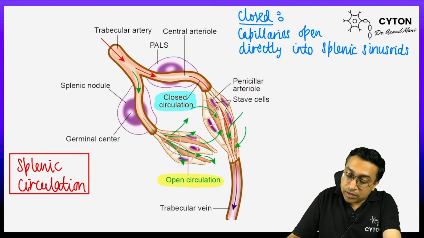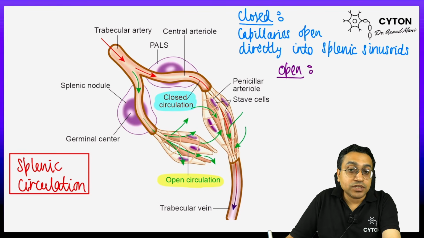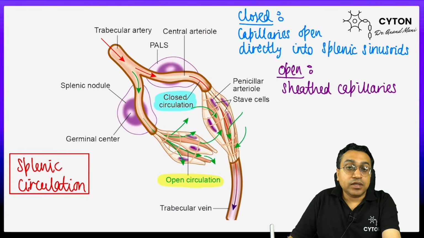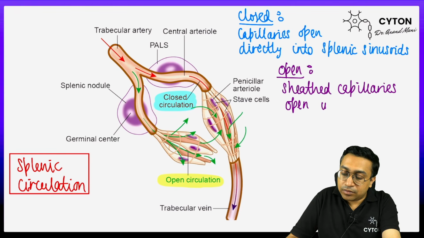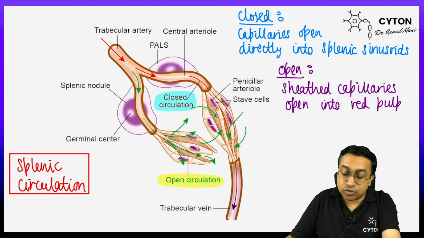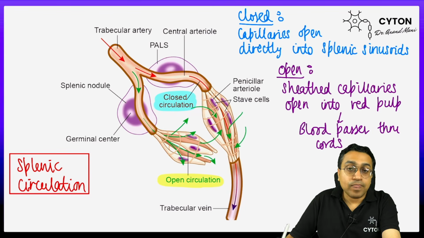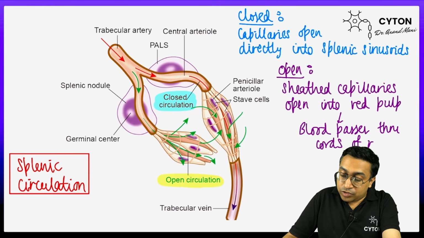Whereas in the open circulation, the sheathed capillaries open into the red pulp, and the blood passes through the cords of the red pulp, and then further enters into the splenic sinusoids.